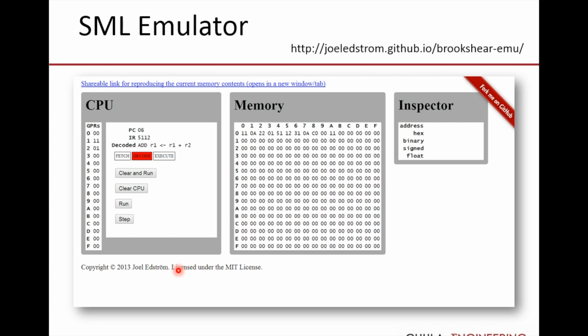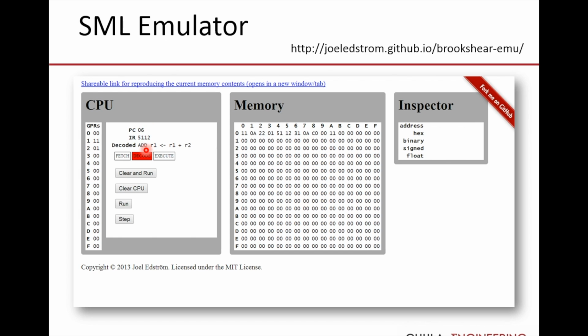It can be run on a browser on PCs, notebooks, or even tablets. For this emulator, we have the memory, whose values you can change, and it has the details of the control unit, for example, program counter and instruction register.